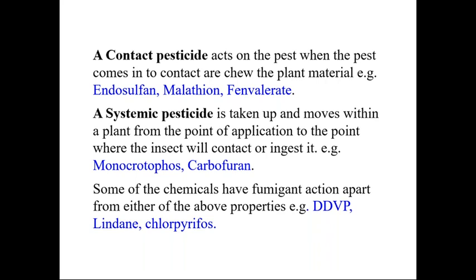So the monocrotophos or carbofuran is within the parts of the plant. Some of the chemicals have fumigant action apart from being contact pesticides and systemic pesticides. These include DBCP, lindane, and chlorpyrifos.